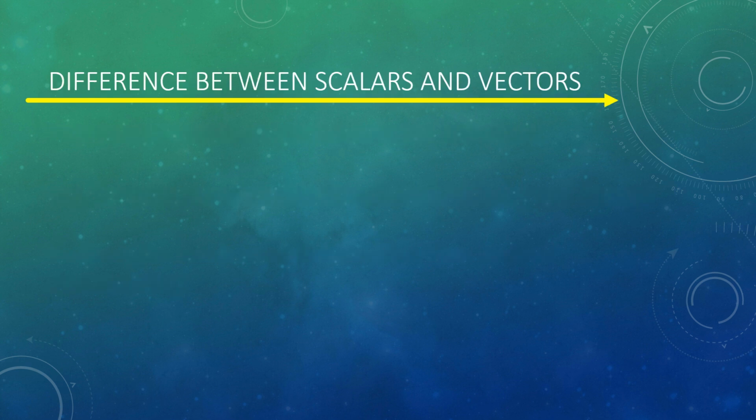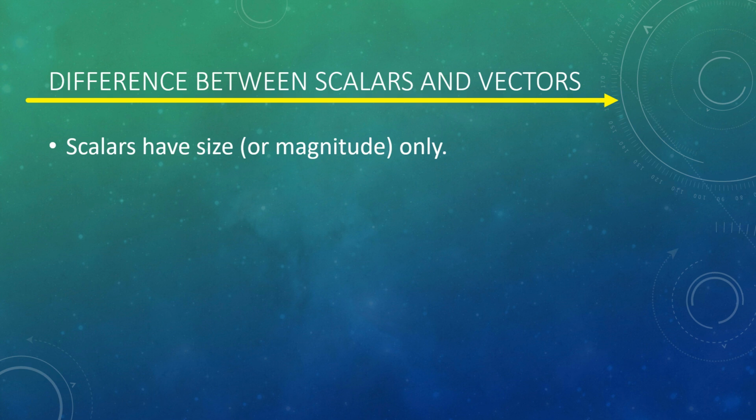So, you might be confused at this point as to what these quantities are, things like scalars and vectors. But scalar quantities have size or magnitude only. So if you talk about speed, say for example a ball was travelling at 3 meters per second, you do not know which direction the ball is travelling in.